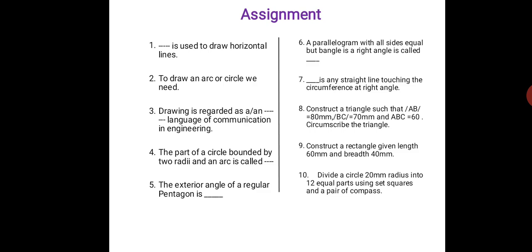That ABC is an angle. The angle will be at point B. And then you circumscribe the triangle.